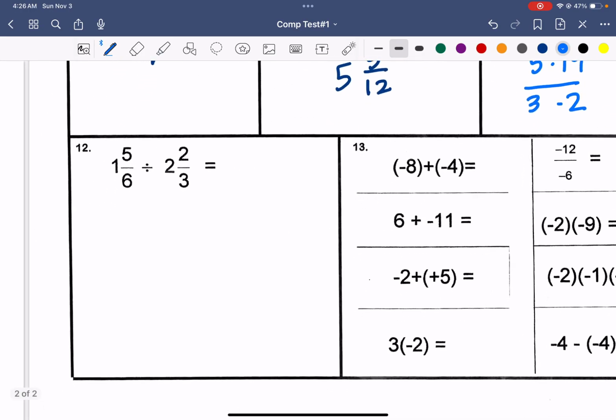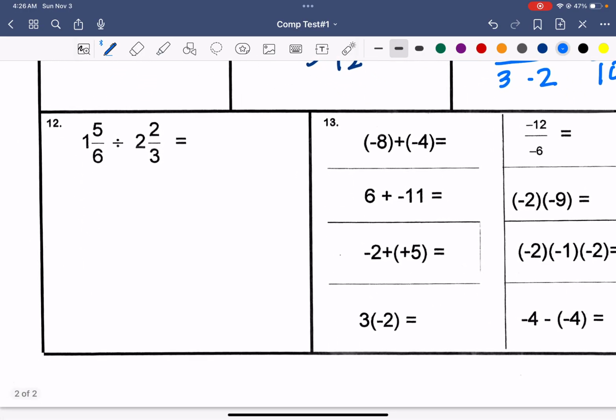All right, here's 12. You can get an improper fraction, so this ends up with 11 over 6 divided by 8 over 3. Now, because we're comfortable with common denominators, we're going to solve it with the common denominator. Times 2.